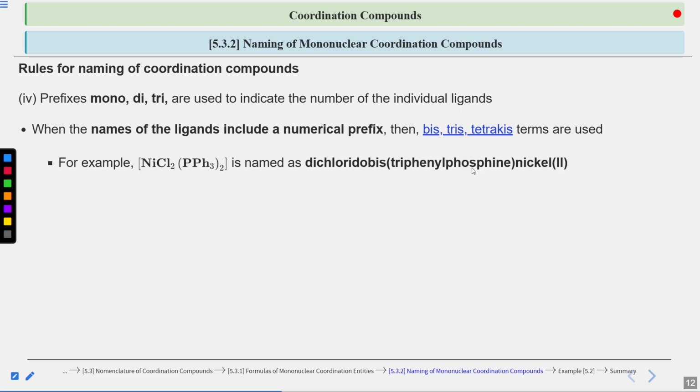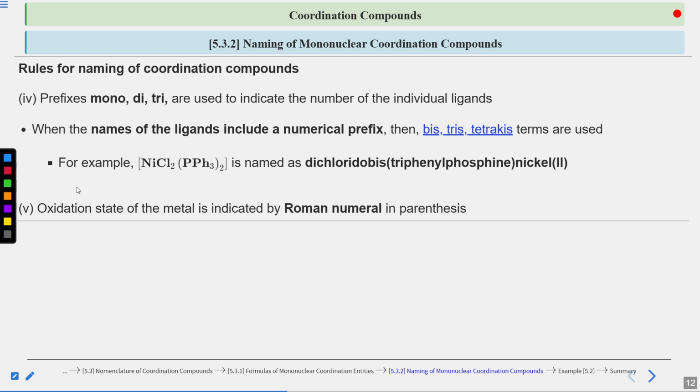And triphenylphosphine already has a numerical prefix in it, which is tri, so we can't write it as ditriphenylphosphine. Because a numerical prefix is already present in this ligand, we use bis to represent the number of this ligand in our coordination compound. After the ligands' names comes the central atom name, which is nickel here, and its oxidation number, which is +2 in Roman numerals. So this is how we name this complex.